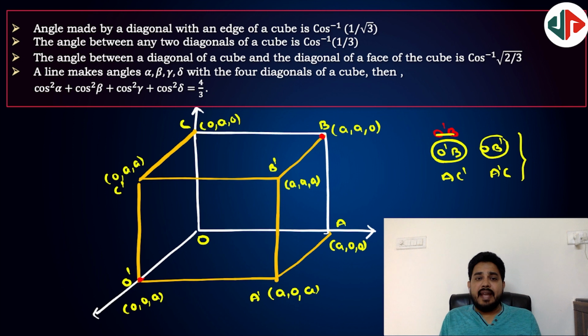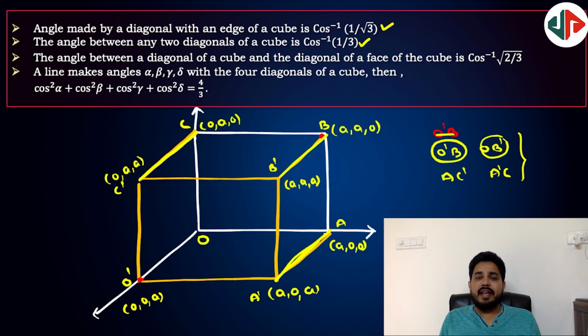Angle made by a diagonal with an edge of the cube. This is the edge, this is the edge, this is the edge. You take any diagonal and edge, the angle between them is this. Angle between any two diagonals is this one.